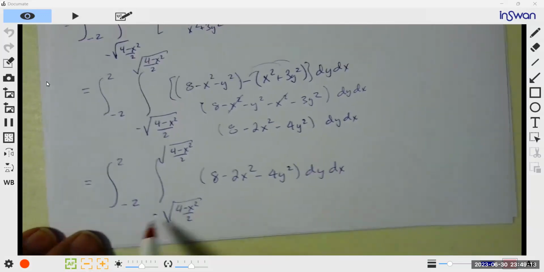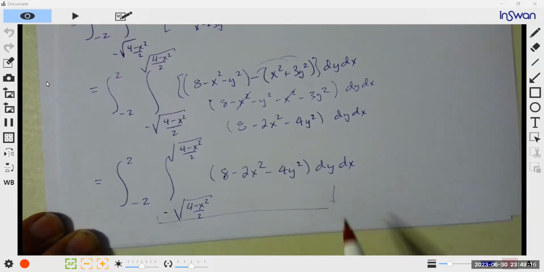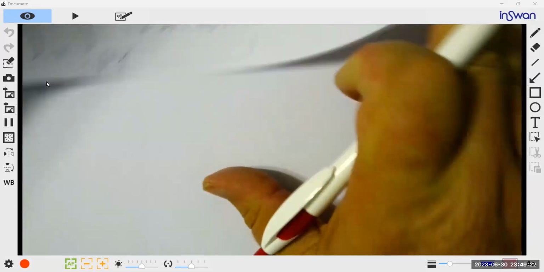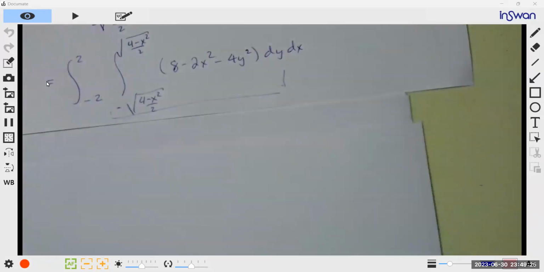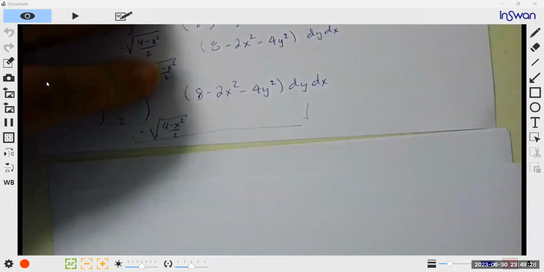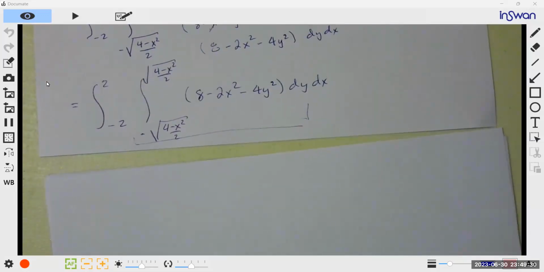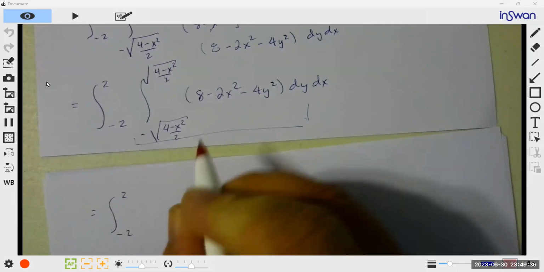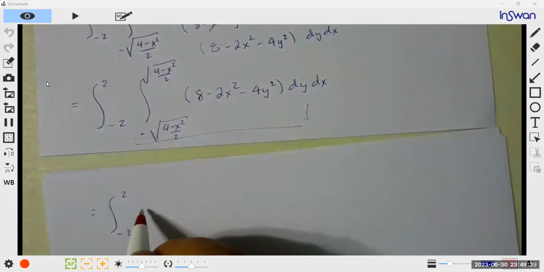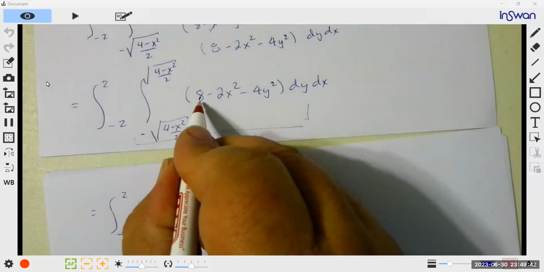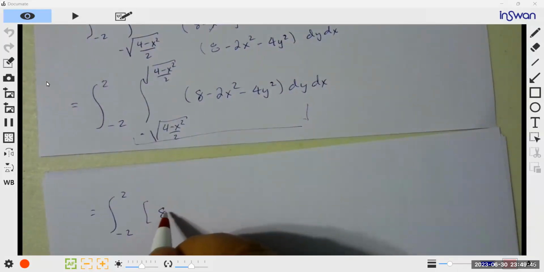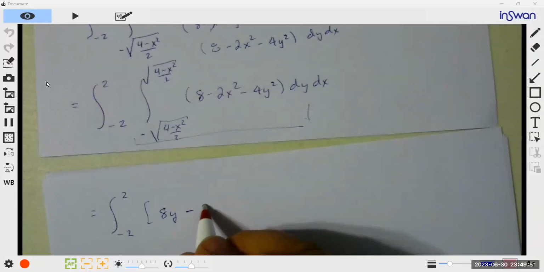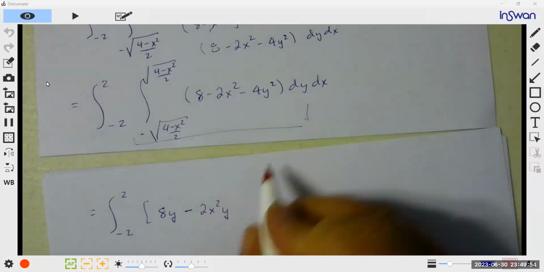Okay, so now we have to take this next bound with respect to y, negative 2 to 2. All right, so each one of these: the integral of 8 with respect to y is 8y. 2x squared with respect to y is 2x squared y.